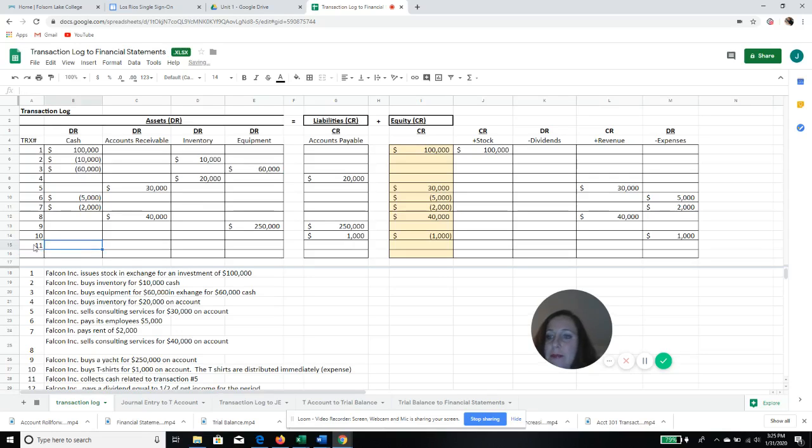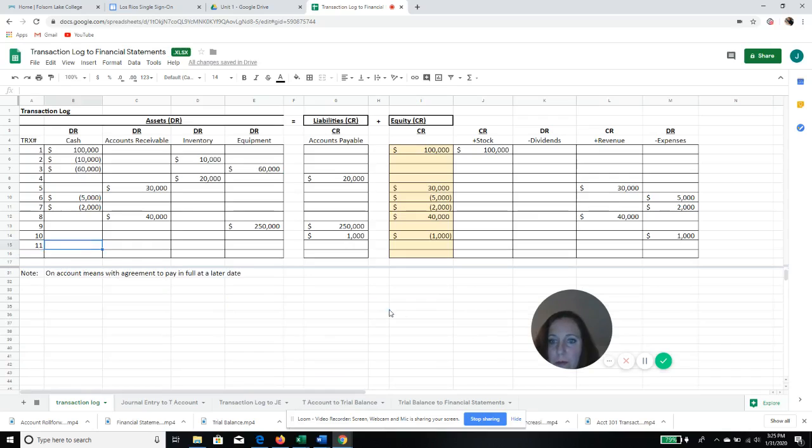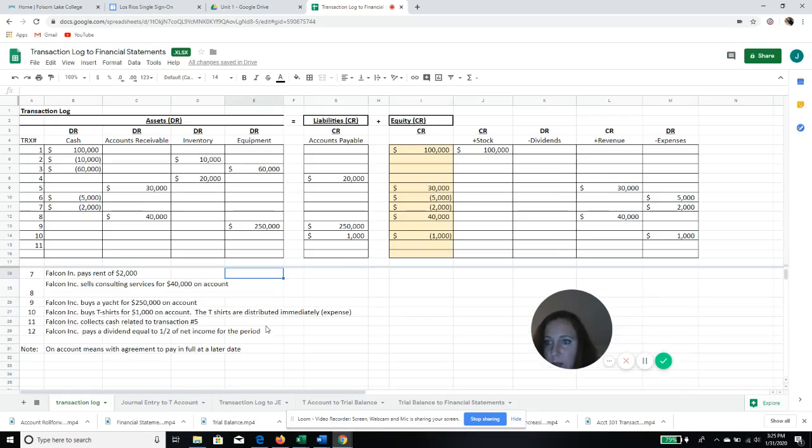Transaction 11, we collect cash related to transaction number 5. So that's going to be $30,000 that we collected. When we collect cash, we increase cash by $30,000.